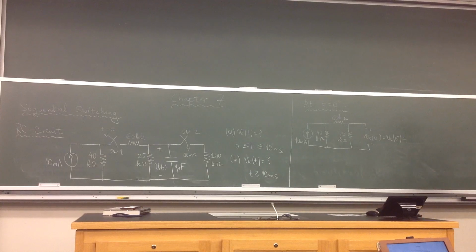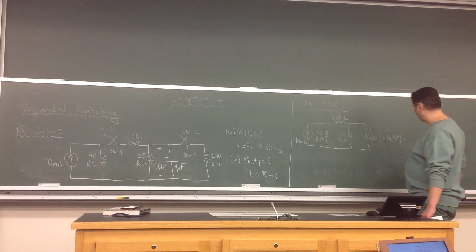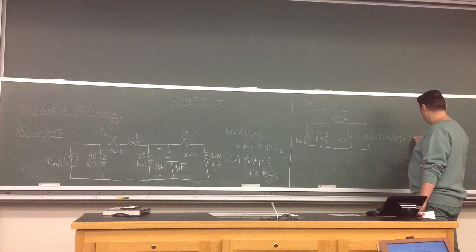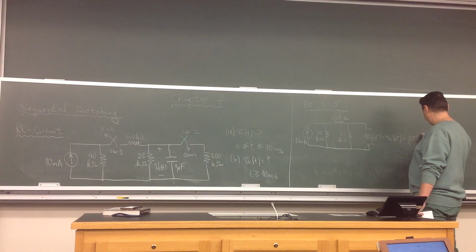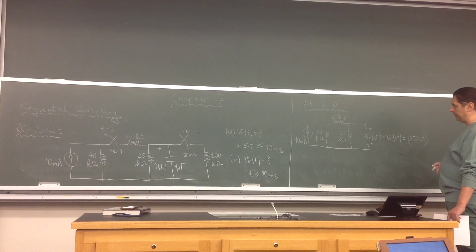So basically, you need the current through the 25 kilo ohms, and you can use a current divider to calculate that current.